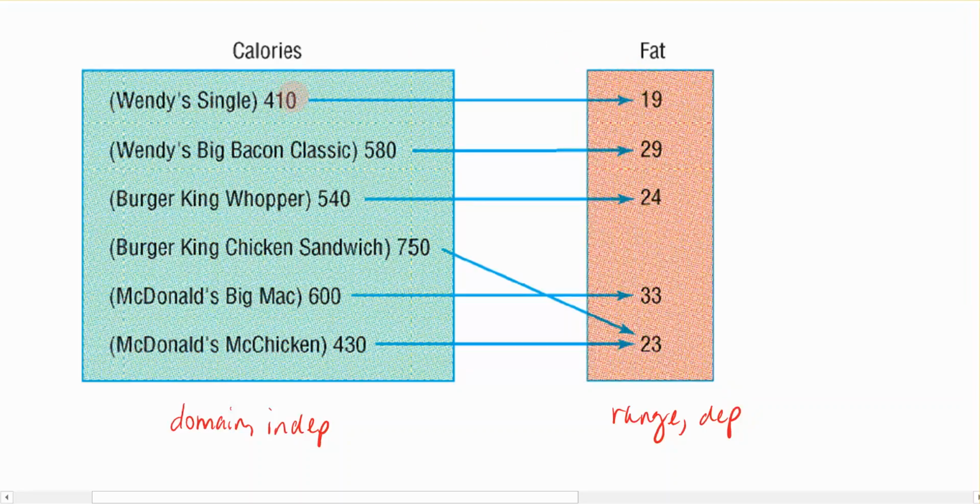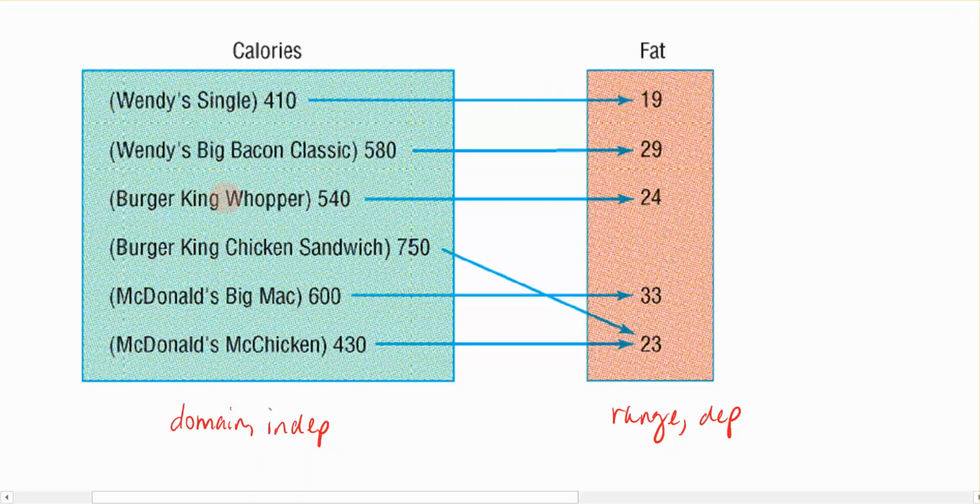Okay, so now that we have clearly defined which is our domain and range, let's determine whether or not this is a function. When we think about a function, start with an input. If I go to the fast food place and I buy a Wendy's single hamburger that has 410 calories, I can expect there to be 19 grams of fat in it.